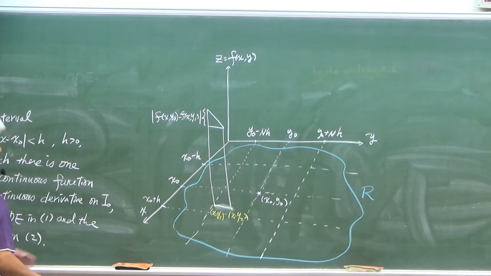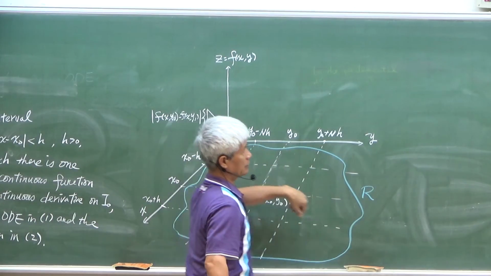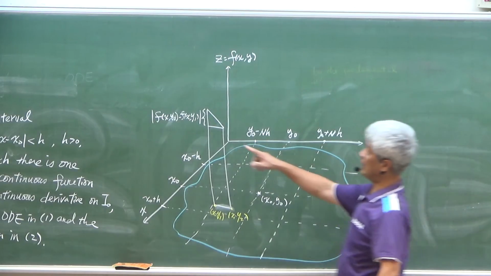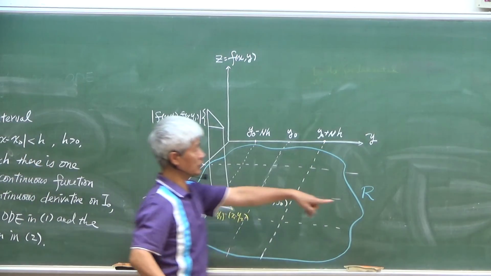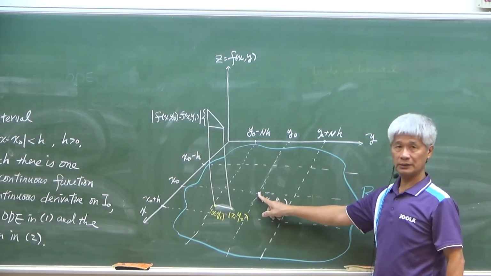So the situation is that in this region, the f function is bounded and it satisfies the Lipschitz condition like this one. Then we can find an open interval. Also we know that (x0, y0), which is concerning the initial condition, is in the region here.